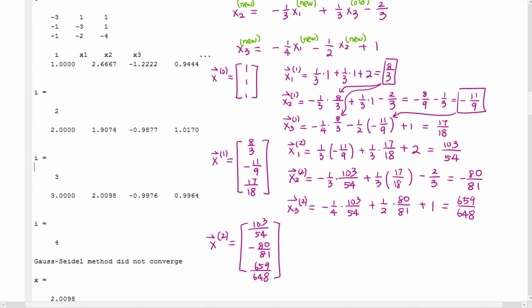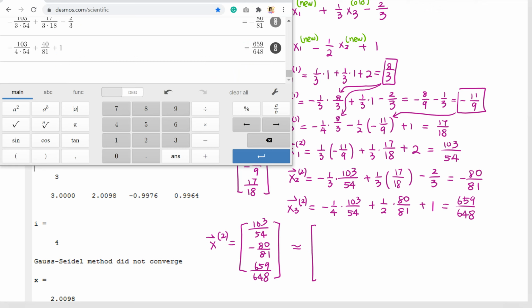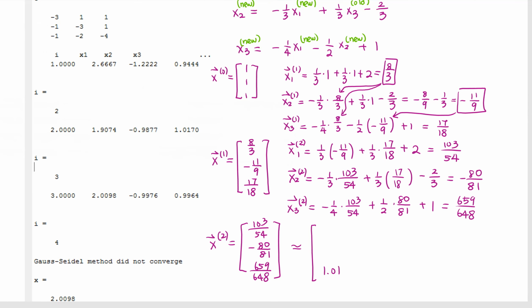And let's see, what are these approximately? Because then we can use the Gauss-Seidel method to check our work. And let's copy down here. This number is 1.01697. We round up, it becomes 1.0170. Okay, so 1.0170.